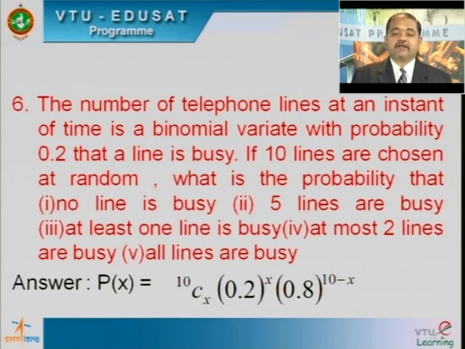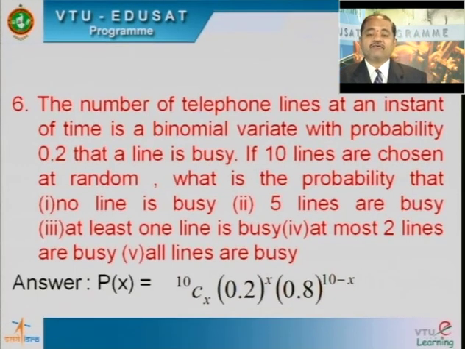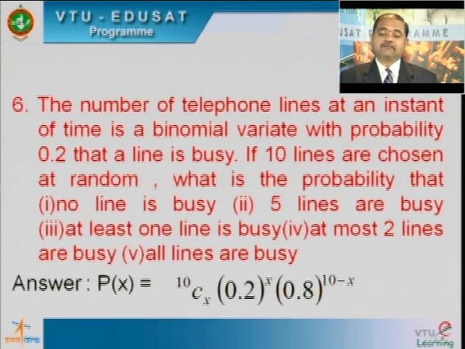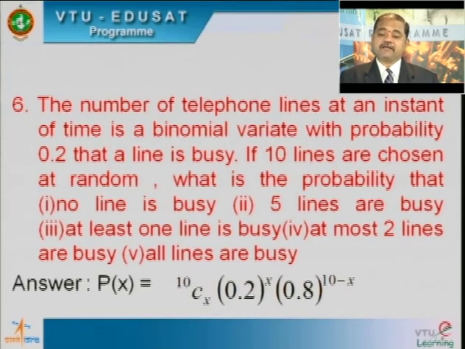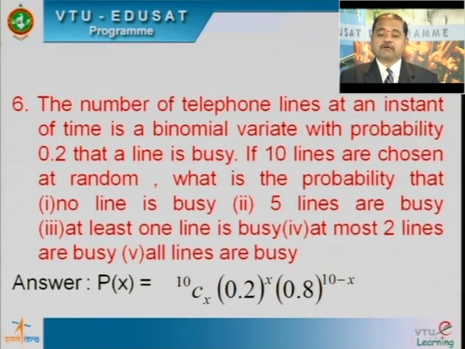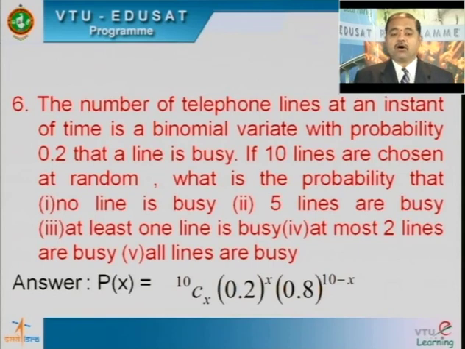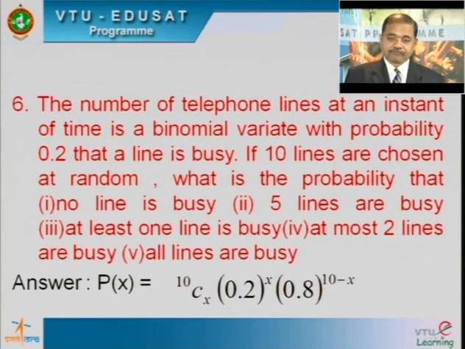Variate is nothing but variable. If 10 lines are chosen at random, what is the probability that no line is busy, 5 lines are busy, at least 1 line is busy, at most 2 lines are busy, and the last question, all lines are busy.